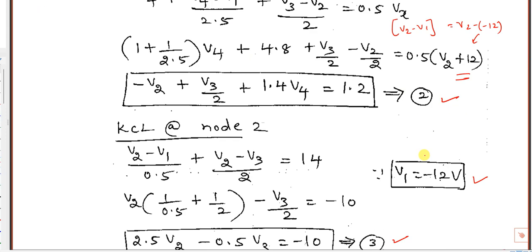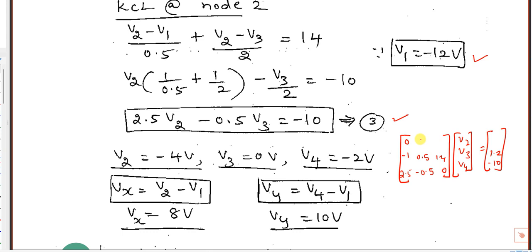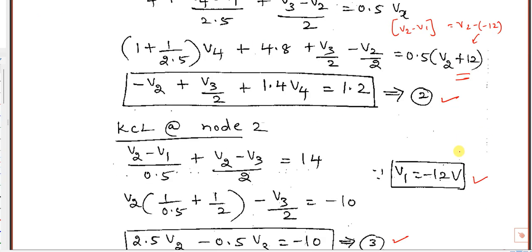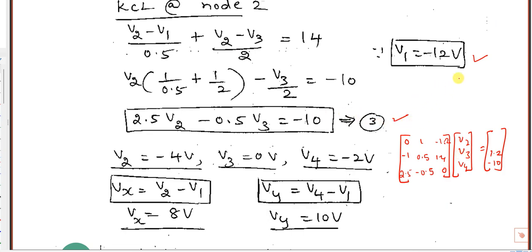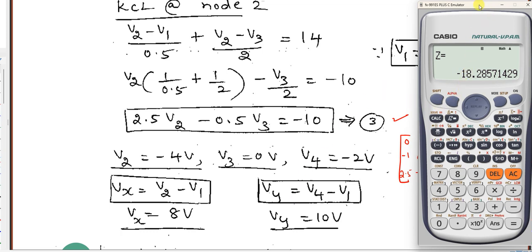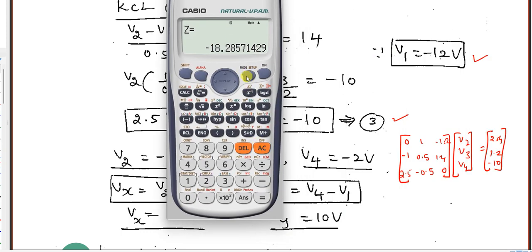1, 1.1, 1.2, minus 1.2 is equal to 2.4. Now take a calculator. Now let me enter the values. So I'll change the old values. Otherwise, I'll do it separately. Equation number 5, three unknown variables: 0, 1, minus 1.2 is equal to 2.4.